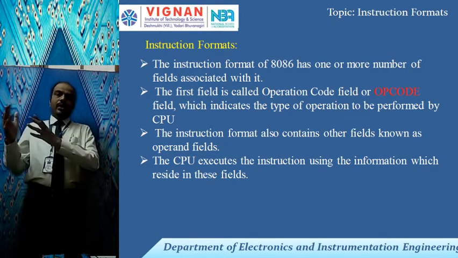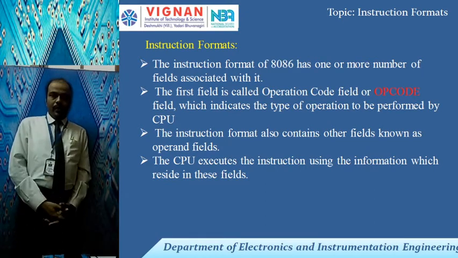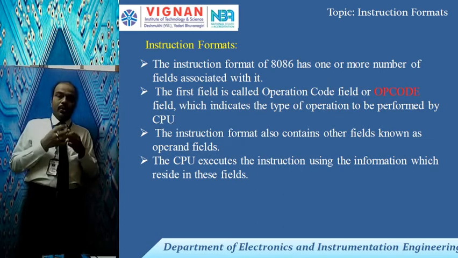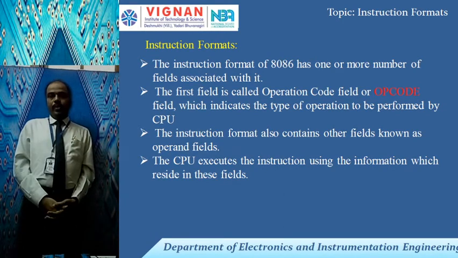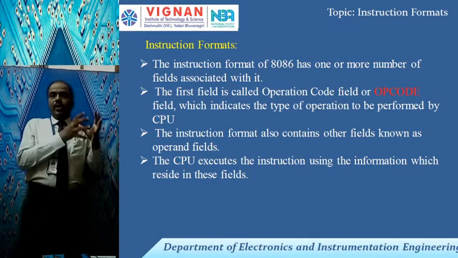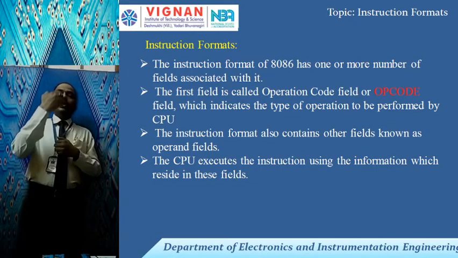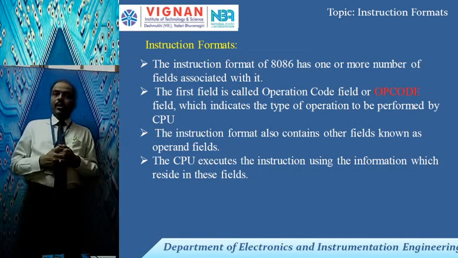The other field of the instruction is the operand field. The CPU executes the instruction by using the information available in this field. If you want to subtract two numbers, you require operands.